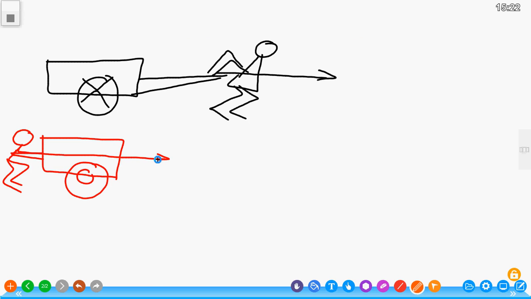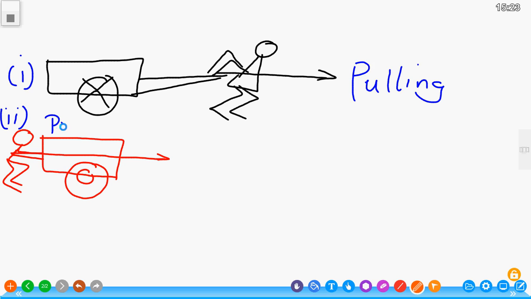Now, in these two diagrams, the first one and this second one, the two people are applying a force. In the first diagram, the person is pulling. And in the second diagram, this person is pushing.